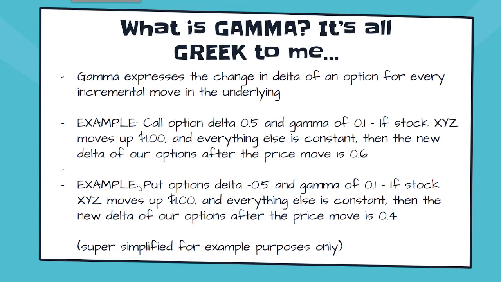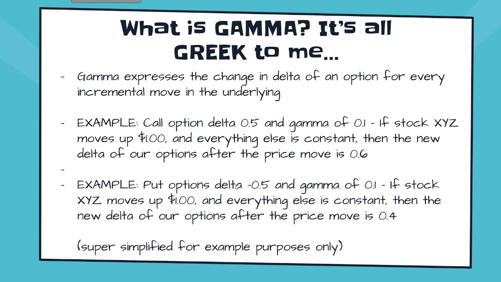I'll go over another example for a put option. Same thing. Put options have a negative delta, while call options usually have a positive delta from 0 to 1 and put options have a negative delta from 0 to negative 1.